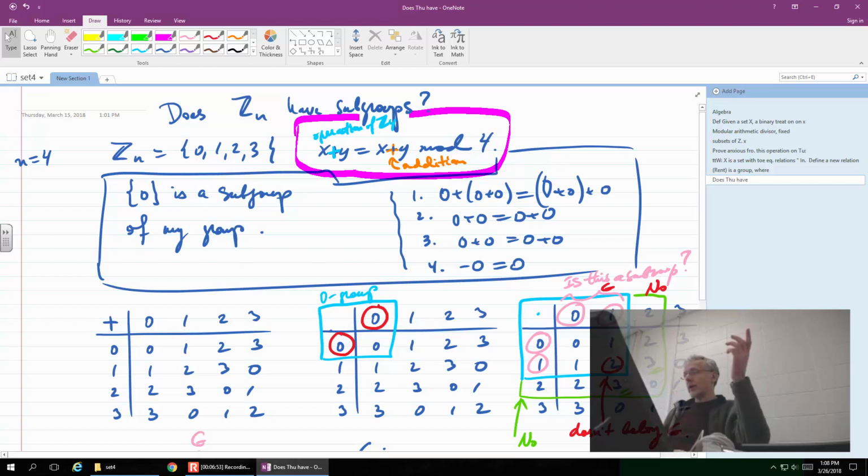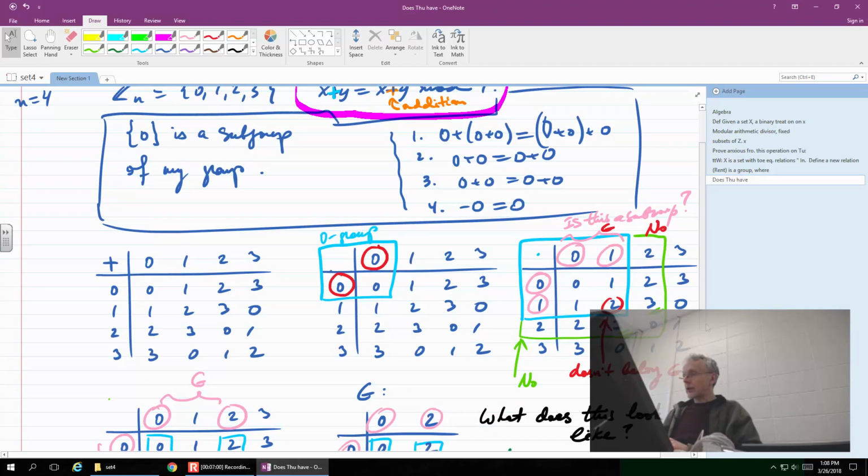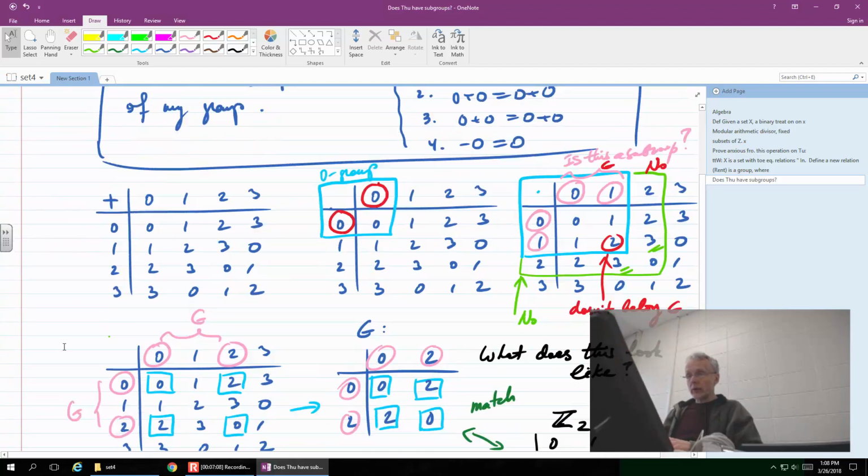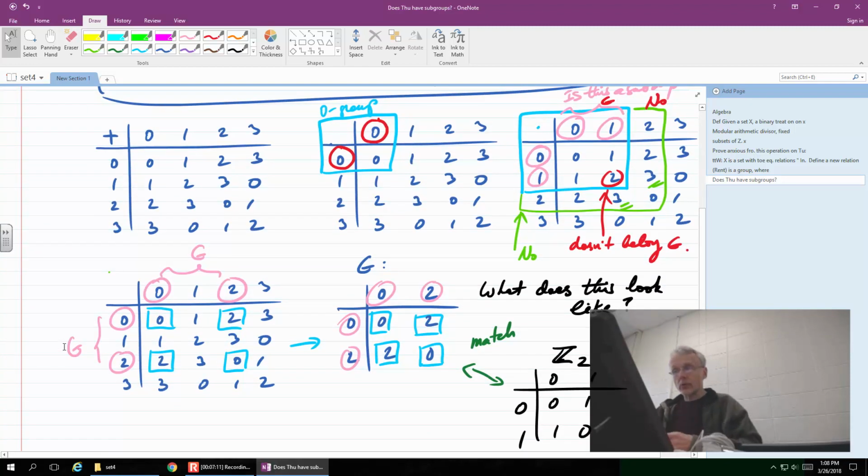Then the blue group on the right doesn't work out because 1 plus 1 is 2, and we are out. Then we try to enlarge it to 0 and 2. Once again, it's not working out because 3 is there. And finally, at the very end, we were able to find one, if we choose 0 and 2.